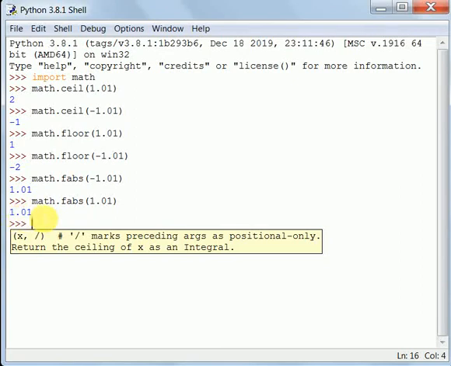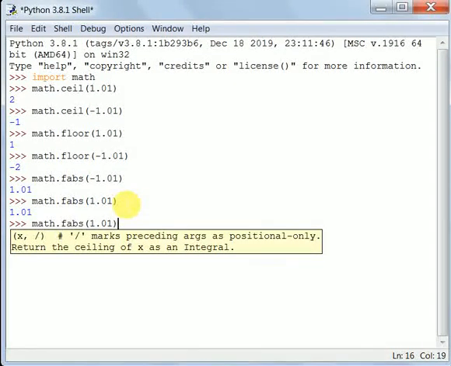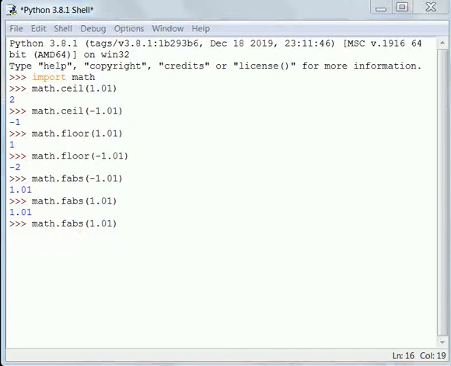There are more functions like sqrt. Suppose you want to find the square root of a number, how will you find it? You have to write sqrt, and within brackets give the number, like 25.